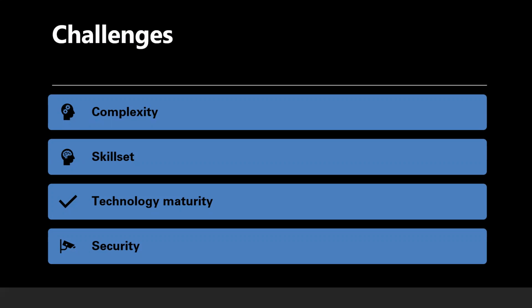And next one, skill set. Many big data technologies are highly specialized and use frameworks and languages that are not typical of more general application architectures. So we just discussed the languages. They use Scala, R, and Python, and we can also use Hive SQL.